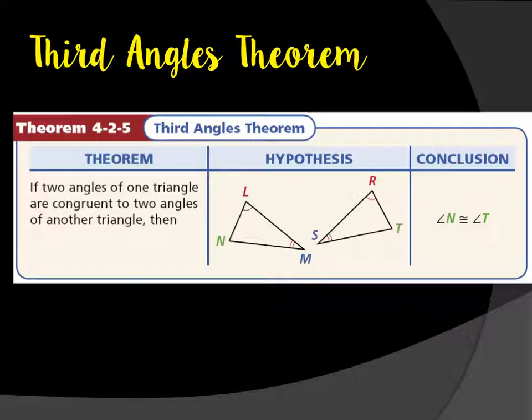Okay, our last theorem in this section is the third angles theorem. If two angles of one triangle are congruent to two angles of another triangle, then the third pair of angles are congruent.